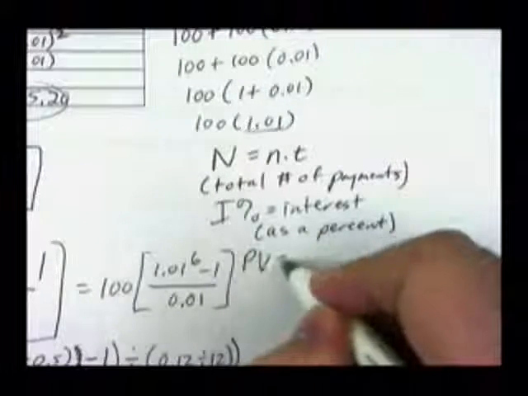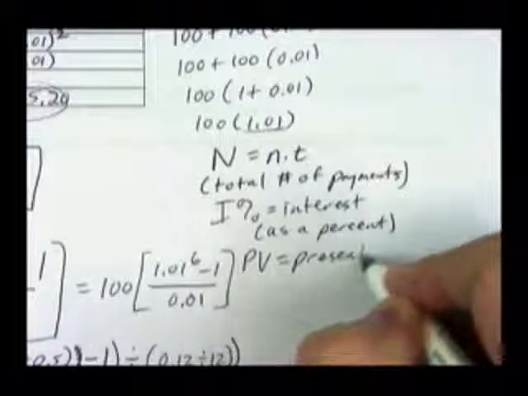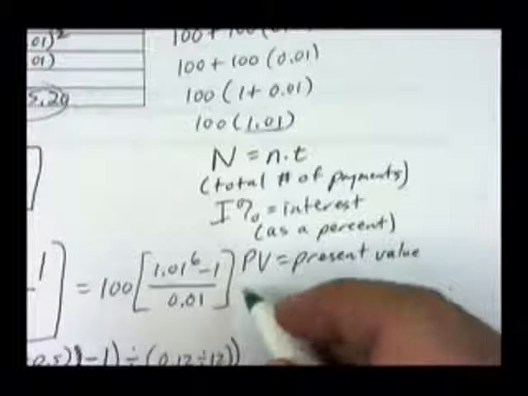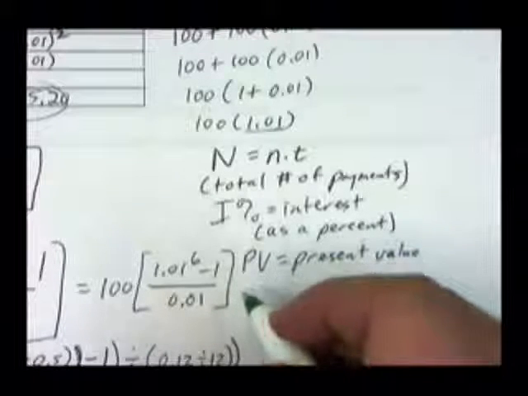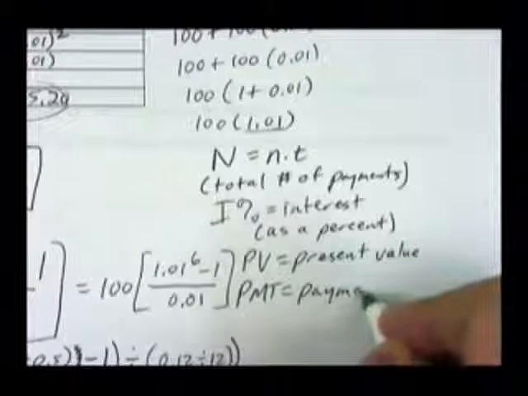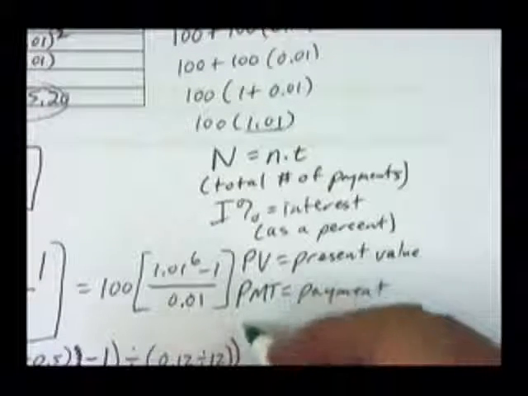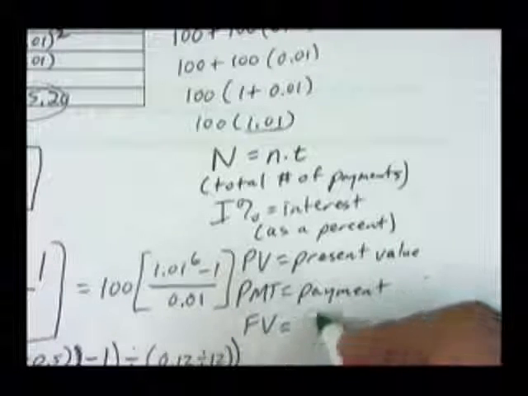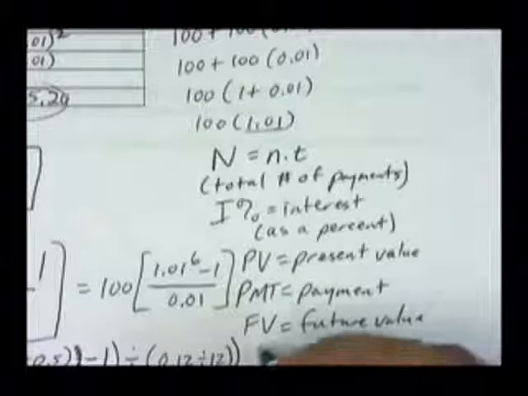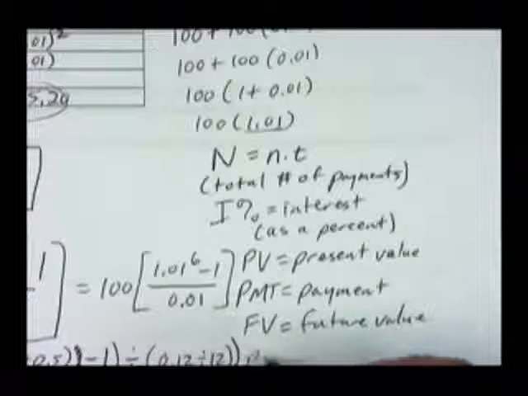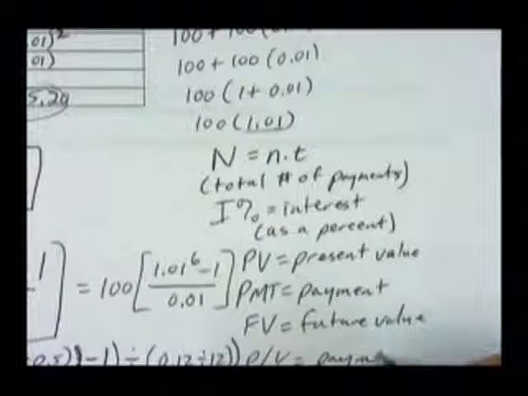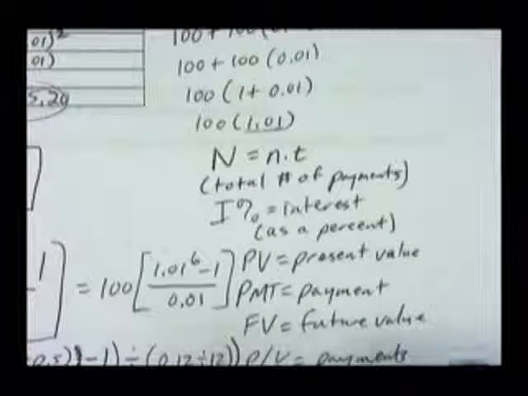PV stands for present value. As we do more examples with these, we'll feel more comfortable. PMT stands for payment. FV represents future value. P/Y is payments per year.